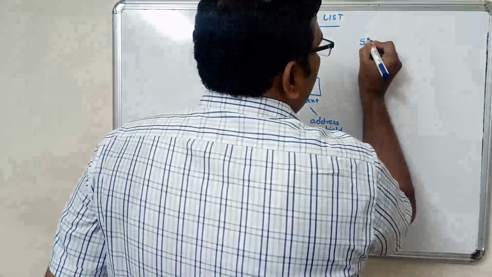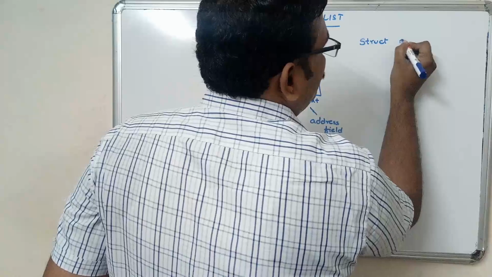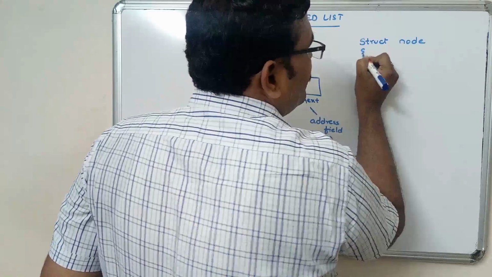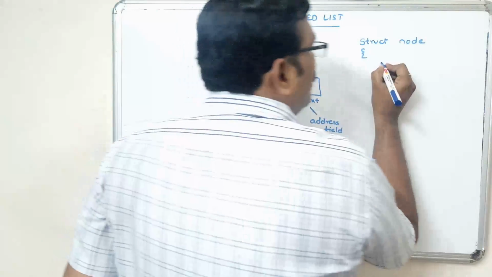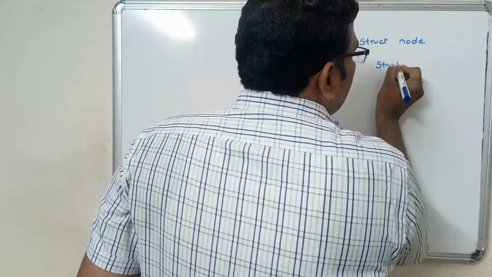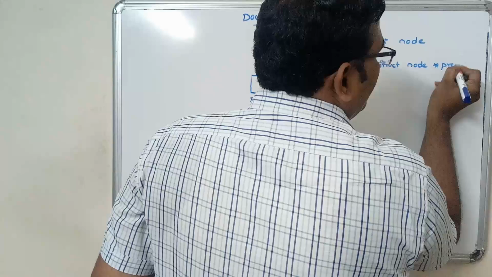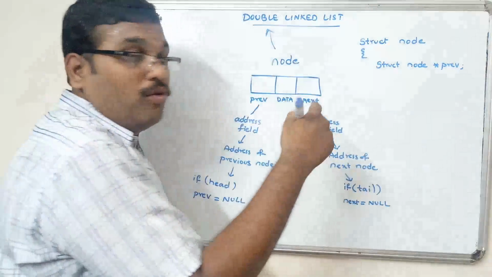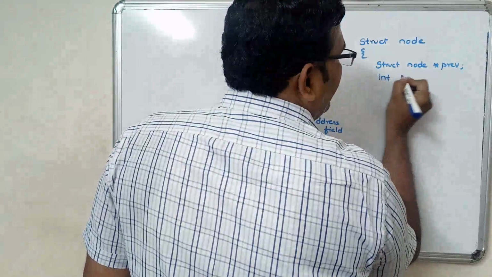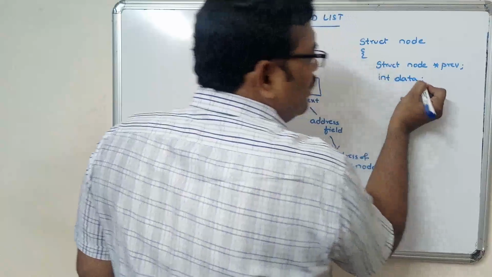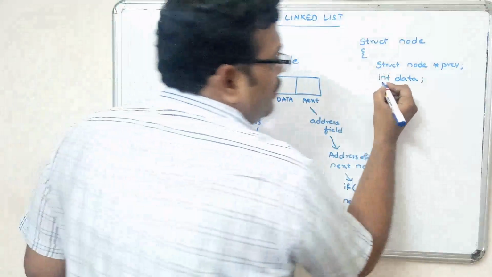Simple. We know struct node, which we have created for a single linked list. Here we have to use struct node star previous, a self-referential node. Next int data, integer or a character, whatever it may be.